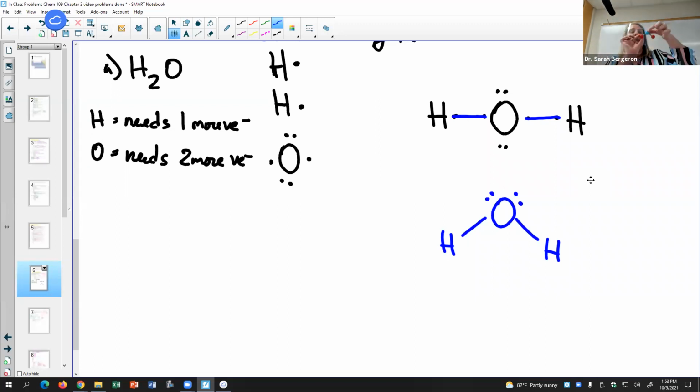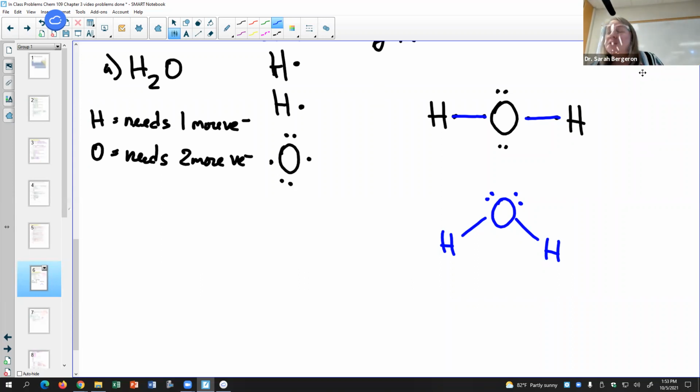It's bent, and it has 2 sets of valence electrons that are pushing those bonds down that give it a 3-dimensional shape. Now, we're going to talk about 3-dimensional shape in the last section of this chapter. It's cool. You don't have to know it until then, but I want you to know why you never see water drawn like this in your book. Okay, make sense?